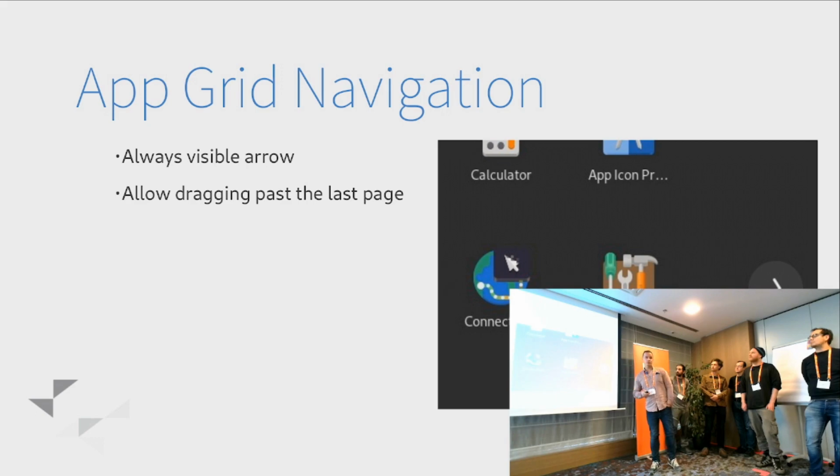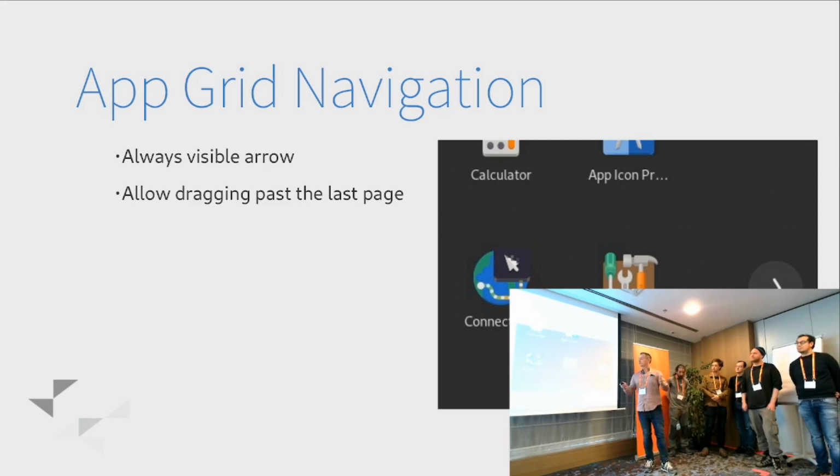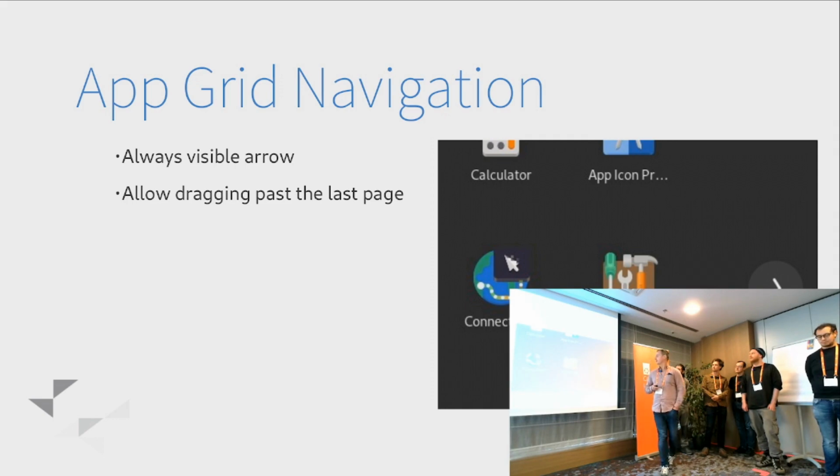The app grid, which is at the second level of the overview, where you can have all the installed apps available and switch between them, got some improvements as well. There was some user testing done on the navigation because it was always possible to scroll or to swipe between pages, but it turned out that a lot of users weren't aware of that and were only seeing one page of apps.